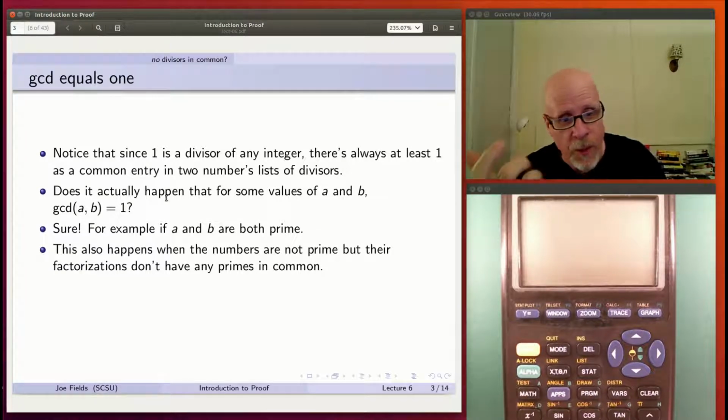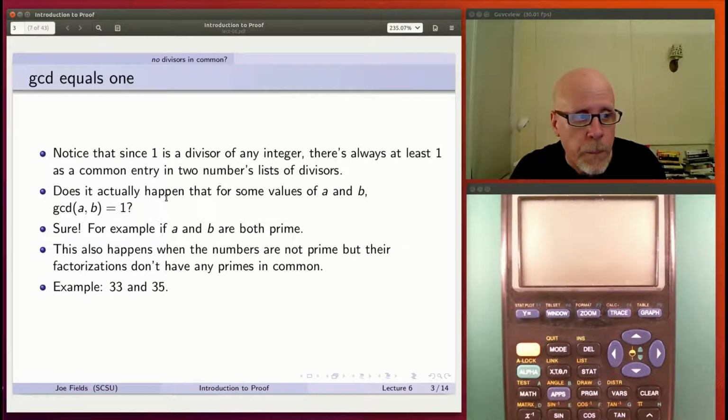One could be prime and the other not, but the issue is, do their factorizations have anything in common? If their factorizations have no primes in common, then you'll get a GCD of 1. So there's an example, 33 and 35. Neither of those is a prime number. 33 is 3 times 11, 35 is 5 times 7. But you see how their prime factorizations are disjoint. They have nothing in common.